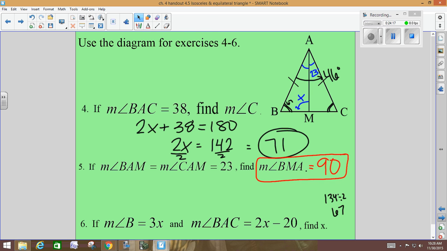Okay, last one. If the measure of angle B equals 3x, and the measure of angle BAC, so that's the whole top angle, is 2x minus 20, find the value of x. Sarah?